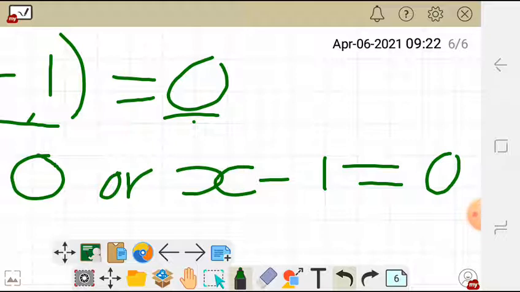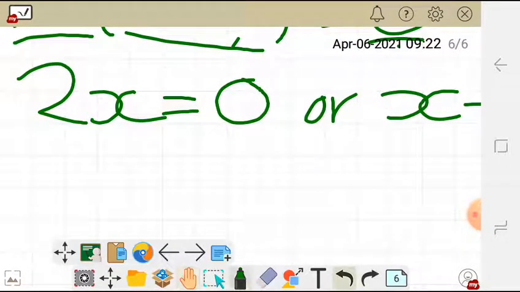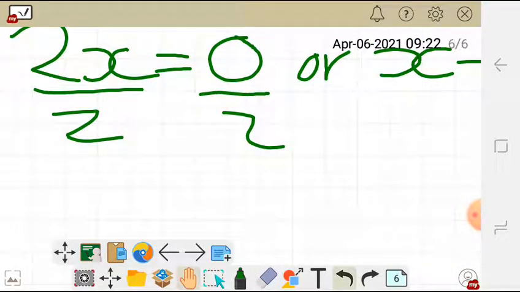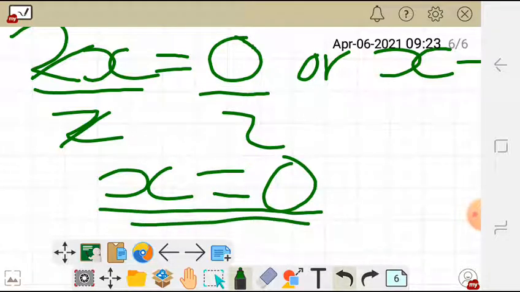So we have to solve these equations. Let's first find the first value of x, from 2x equals 0. We're going to divide by 2, so that we find the value of x here. 2 divided by 2 is 1, 1 times x is x. 0 divided by 2 is 0 here. So the first value of x is 0.